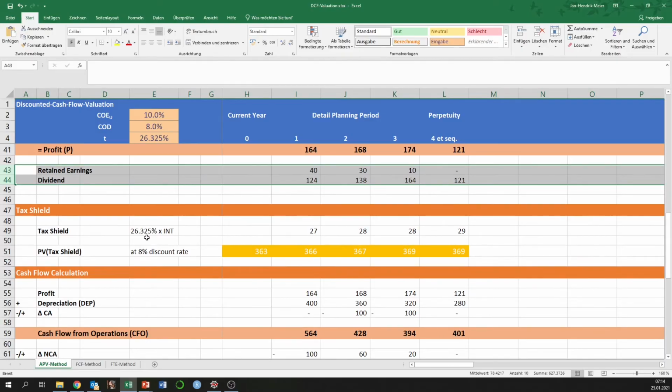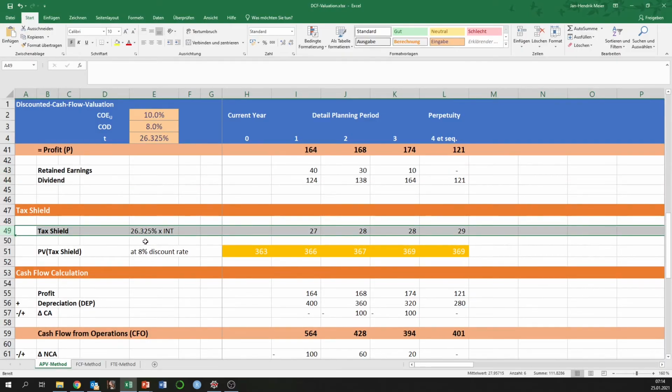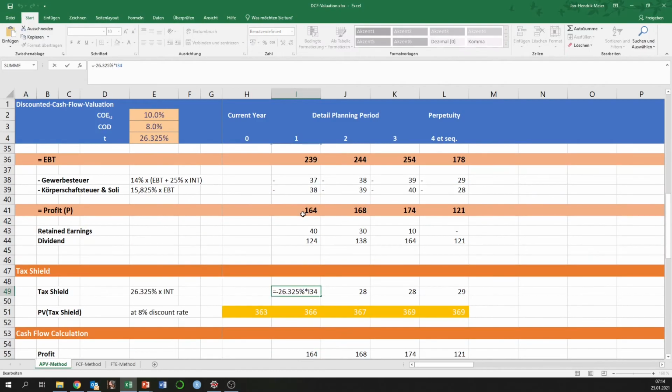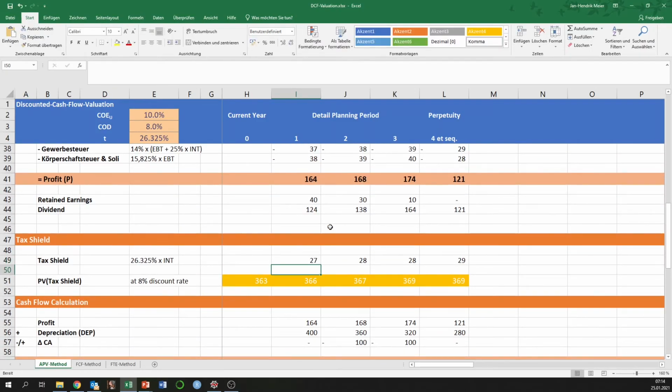Okay, now we need to calculate first the tax shield. The tax shield is the tax rate times the interest. So 26.325% times the interest taken from the profit and loss. And doing that for all periods, we have the tax shield here. And we can all directly discount the tax shield. Attention, here of course we have a different formula because this is the perpetuity formula.